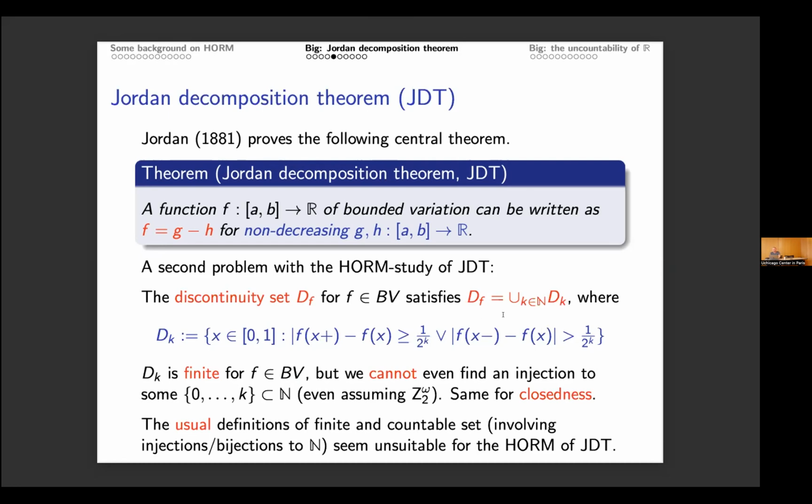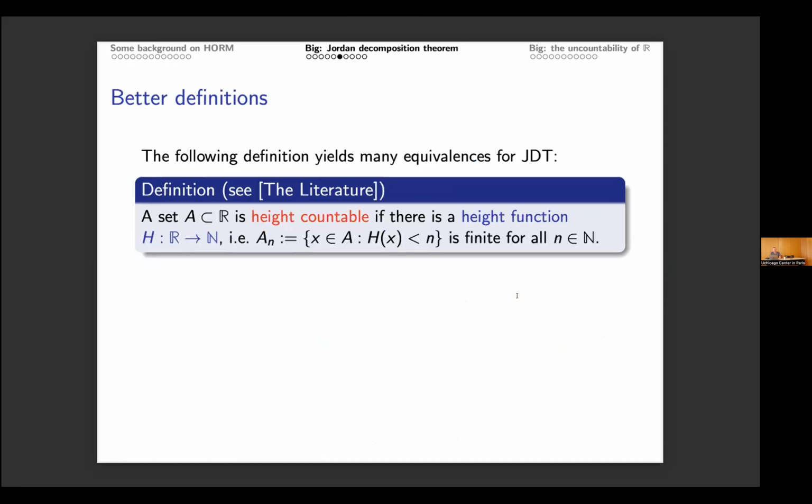So the solution is already here. Namely, this set is countable and it's a union over n of finite sets. And that you can find in the literature. It's called height countable. So a set is countable, or height countable, if there's a height function. So instead of an injection, you have a height function. And A_n, all the elements of A where h of x is below n, is finite.